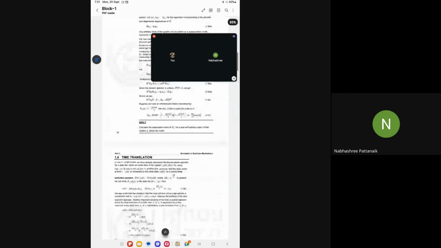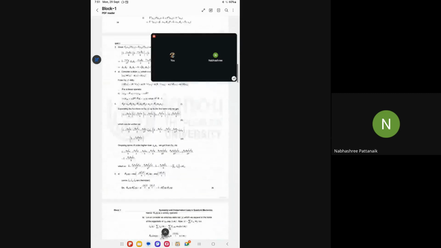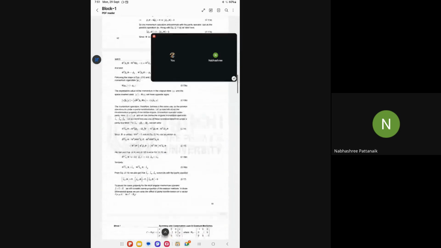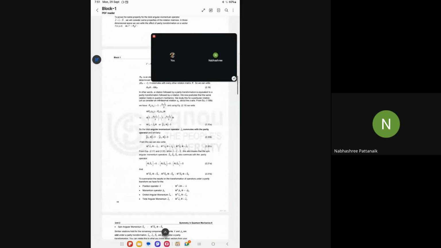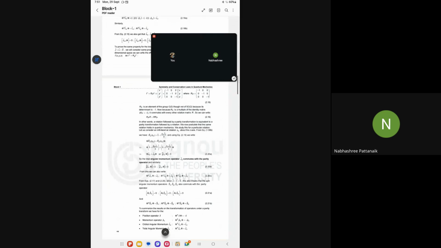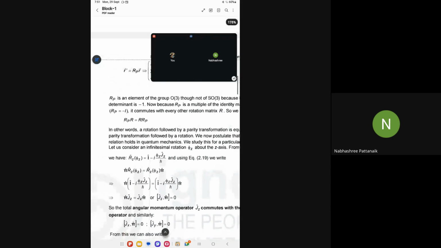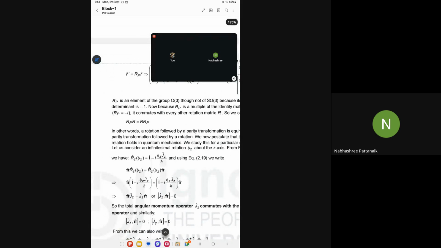This is what we are talking about here also. It is similar. They are Lz because it is orbital angular momentum. Here Jz because it is total angular momentum.